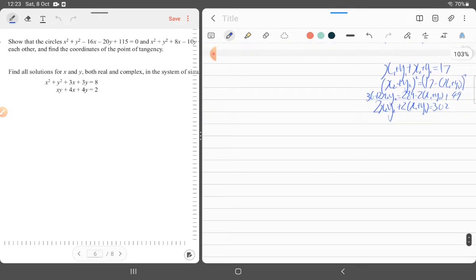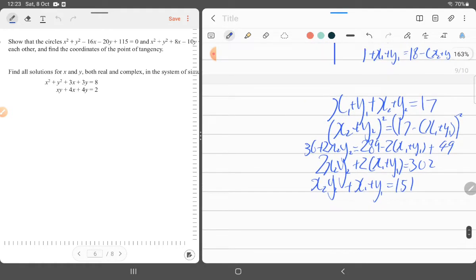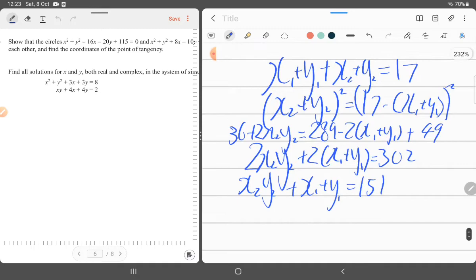I'm already at my last page. So x2 y2 plus x1 plus 1 is equal to 151. x2 y2 plus 17 take away x, take away y, what? x2 take away y2 is equal to 151.